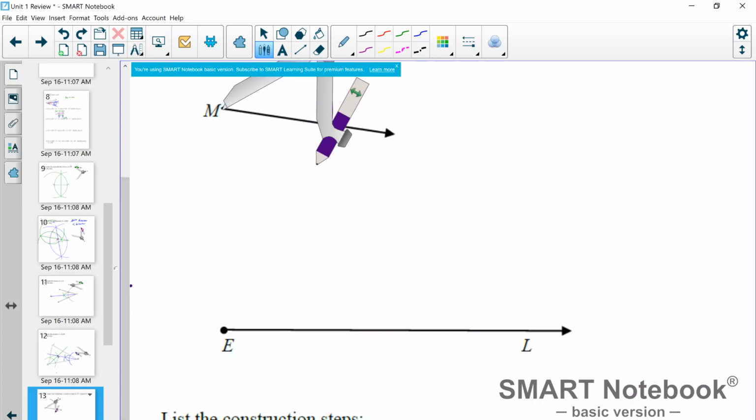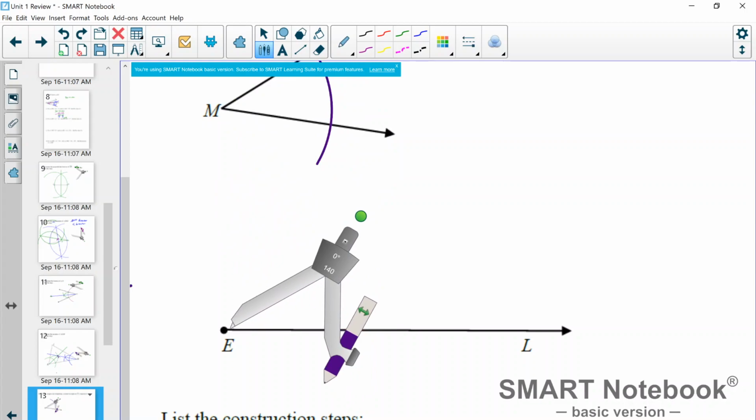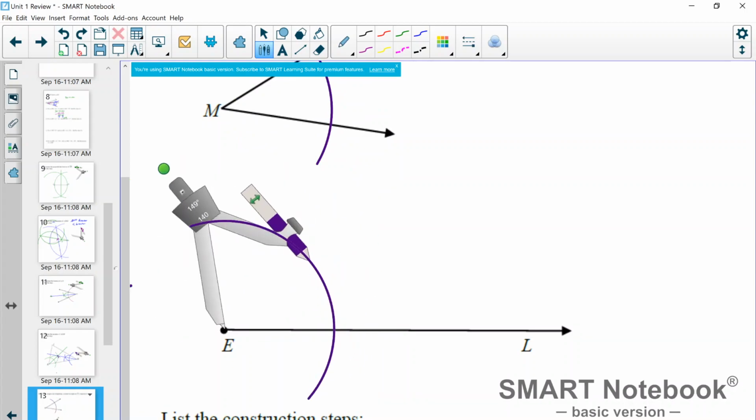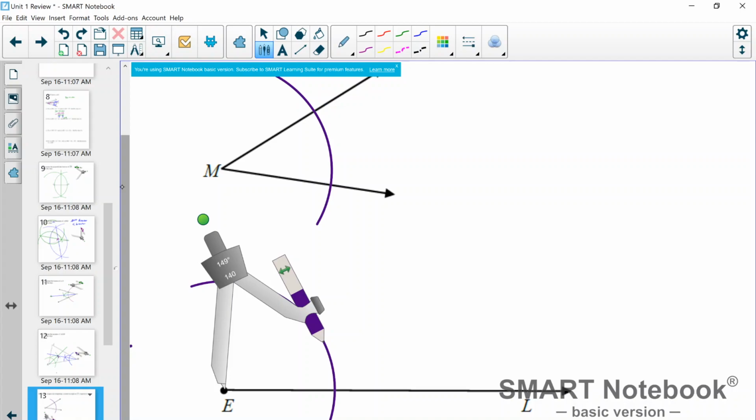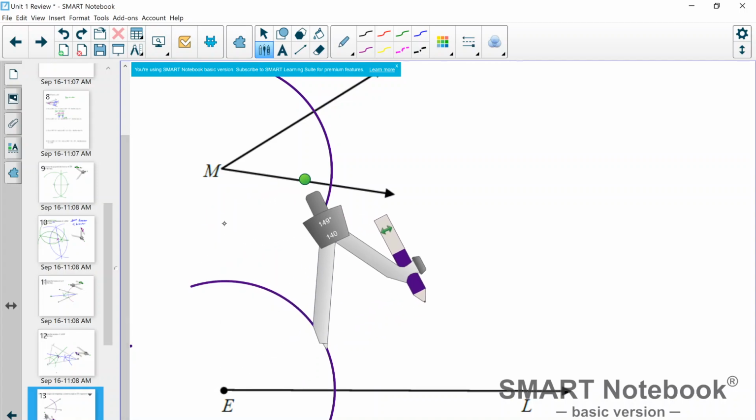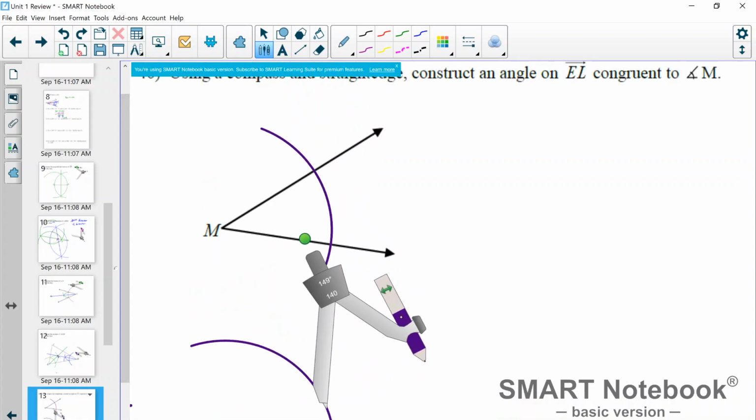I'm going to bring my compass down, place it on point E, and I'm going to make a nice giant swoop on point E. Now, in order to figure out where I have to put my top side, I want to measure the distance.